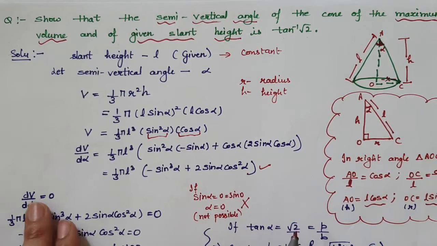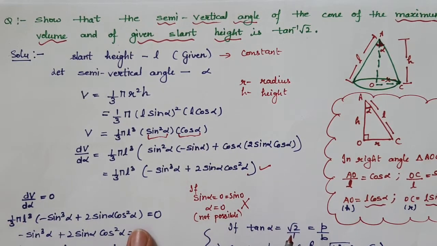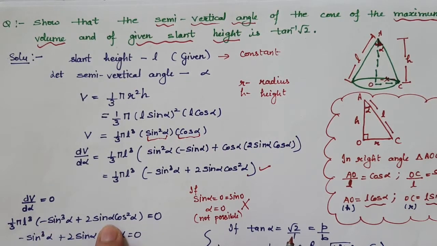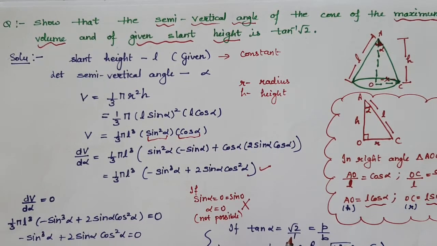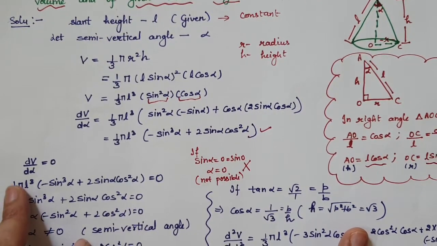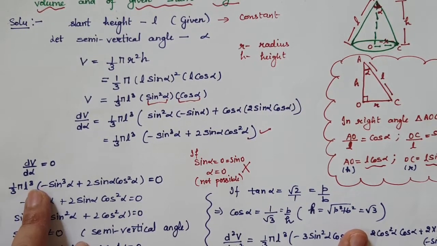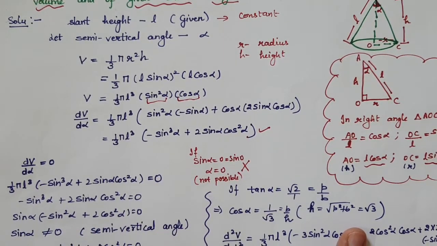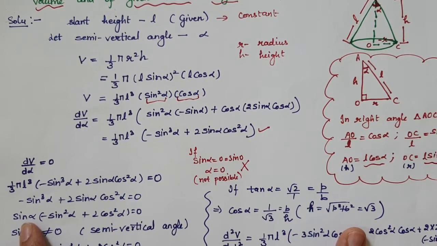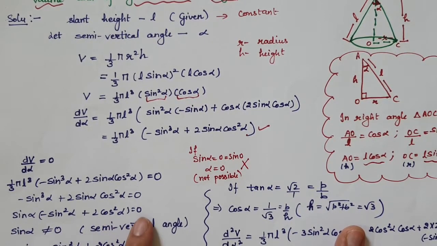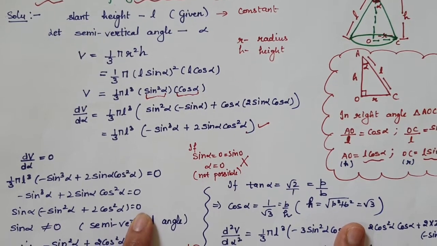Now put it equal to 0 and simplify the equation. Out of this equation, we can clearly see I can take sin alpha common from both the terms, right? So take sin alpha common. Since 1 by 3 pi L cube was constant, we have ignored it, right? Now if sin alpha into this whole bracket is equal to 0, then there are two possibilities.